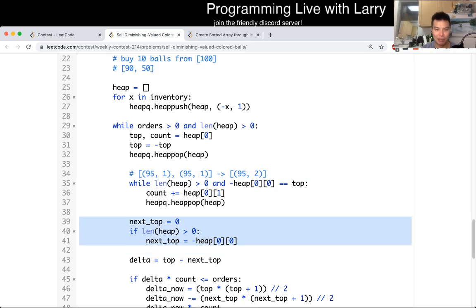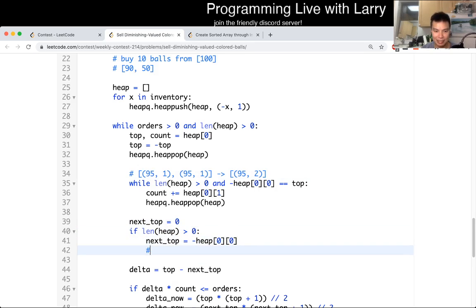So for example, if our case is 95, say 2, and then the next number to care about is 80, and maybe 1 of them, because I guess they all should have only 1.